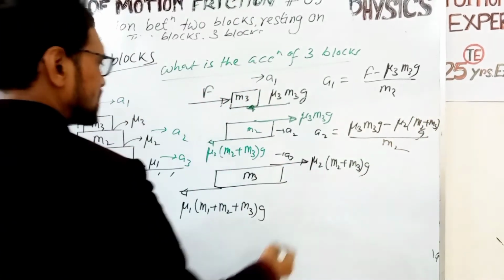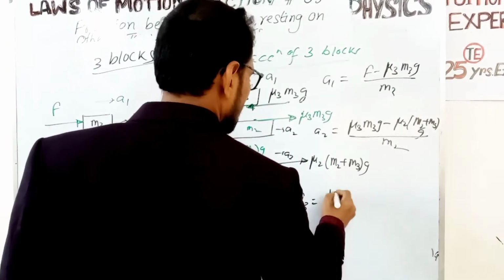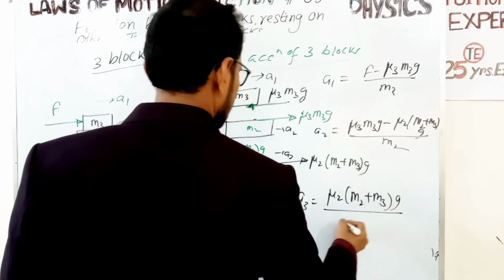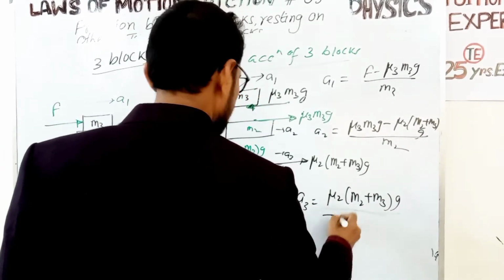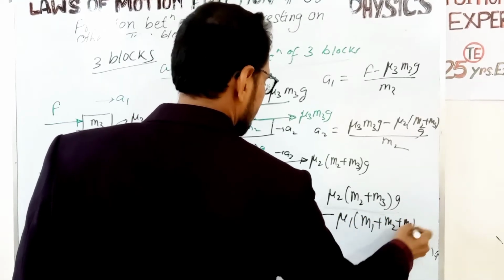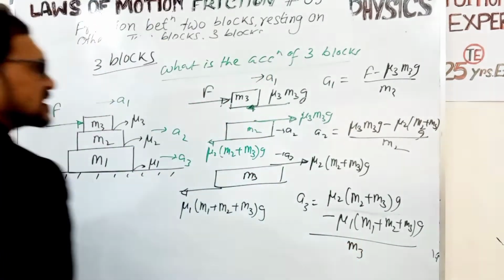What is the acceleration of this block? A3 equals net force. This is the driving force, this is the opposing force. This minus this, divided by mass M3. So this is the acceleration.